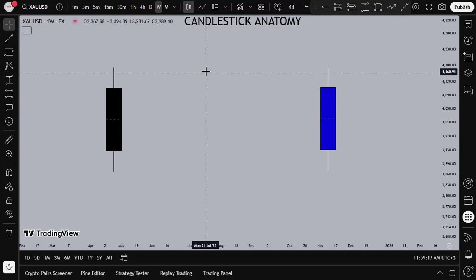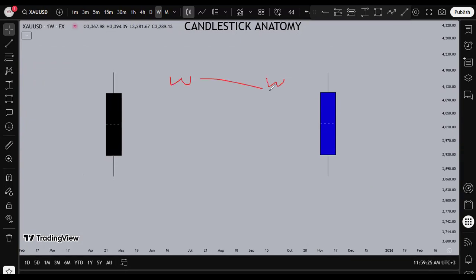Because when you have a candle, we have two types of break. We have a wick to wick, and we have a body to body breakout. Now, if a candle breaks with only wicks, we can see a wick like this.